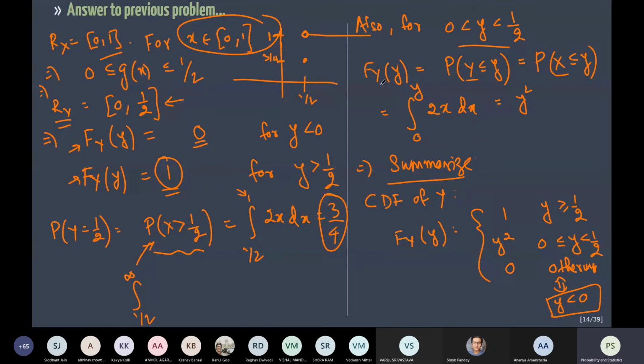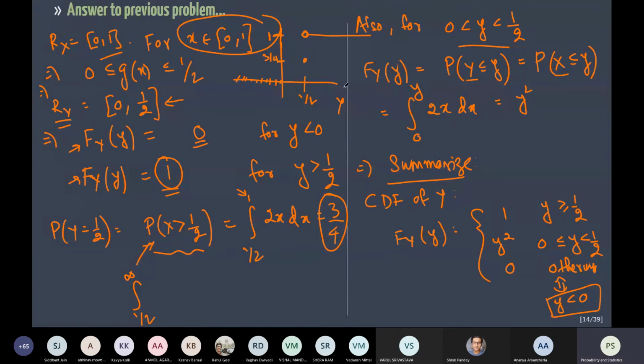That is clear, and y less than 0 is 0. So this guy is also confirmed. Y less than 0, this is the y graph we are doing, so y less than 0 is 0.